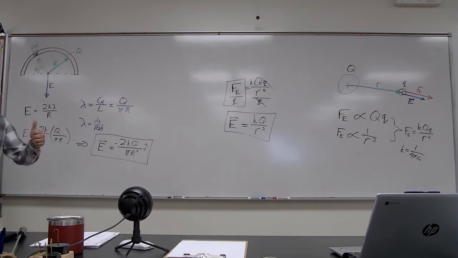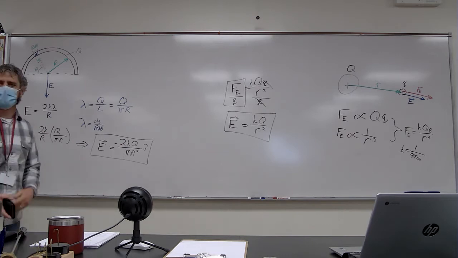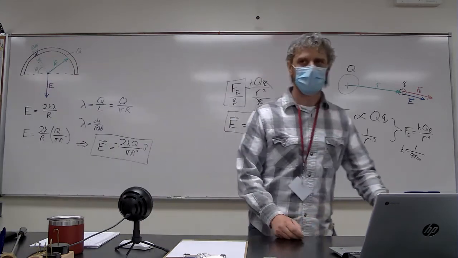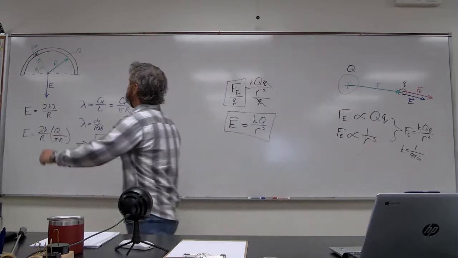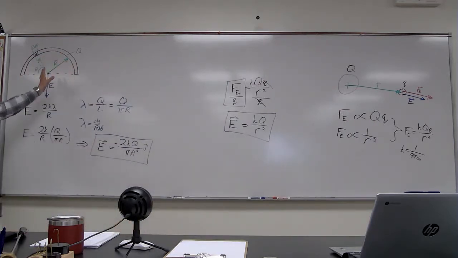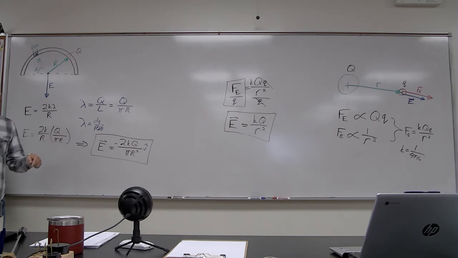So cool beans? Note here we had some nice symmetry, right? We're always going to have some amount of symmetry in this class, but when you go to junior, senior level physics classes in college, electrical engineering classes, when you start doing really third semester calculus, then you'll learn methods where you can deal with situations that aren't very symmetric.